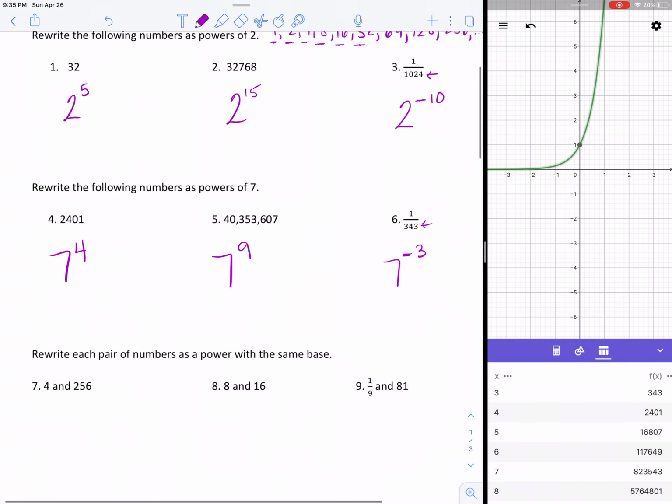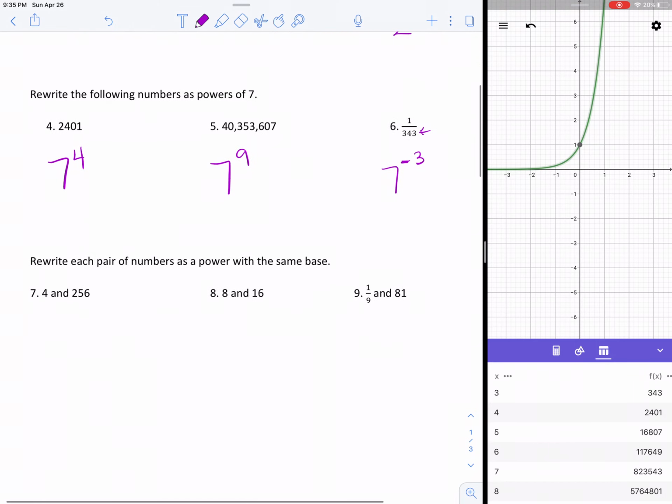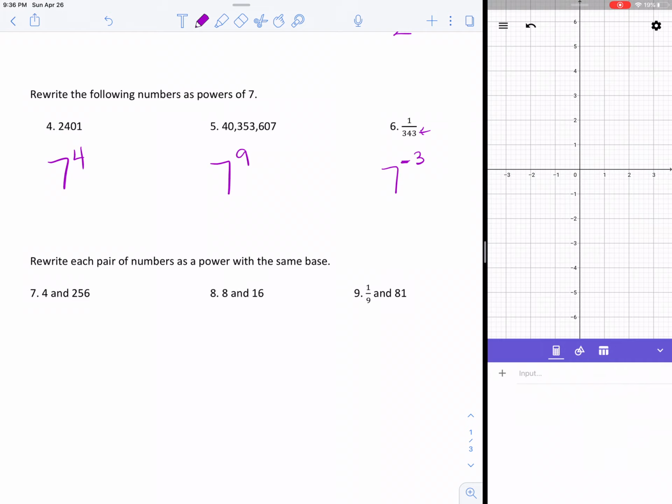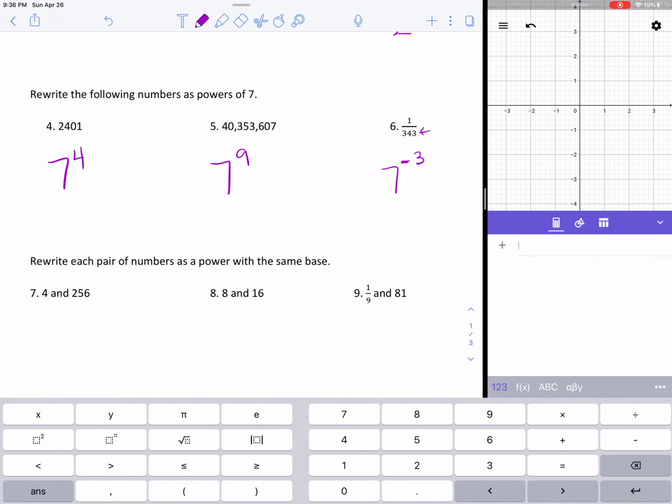The next section takes it a step further. Rewrite each pair of numbers as a power with the same base. So we have to figure out how we could rewrite these numbers with the same base. So I want to utilize the calculator. We know, if we're talking about the number 4, 4 is a power of what?